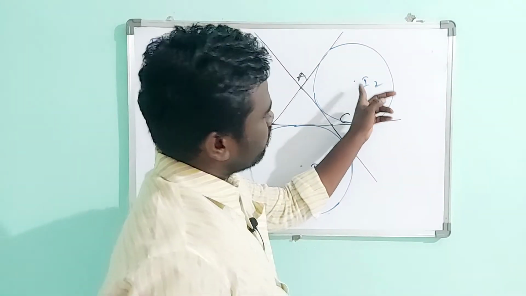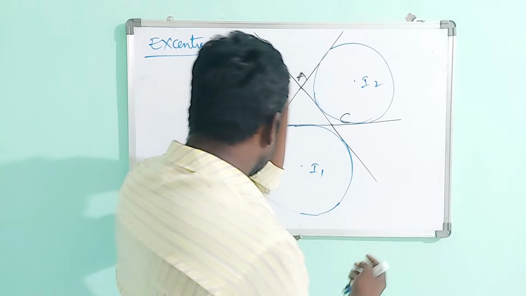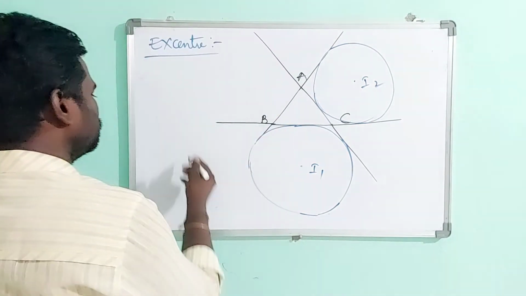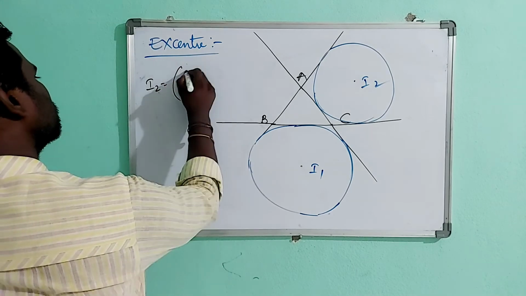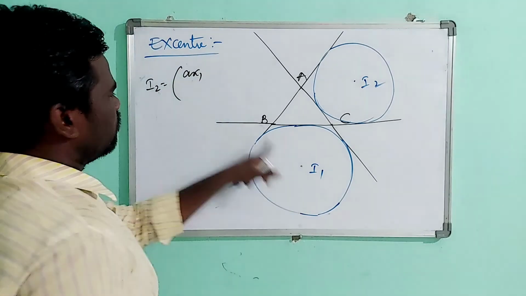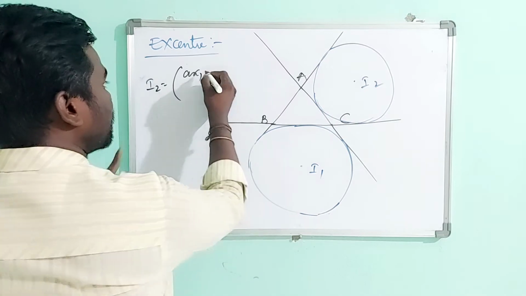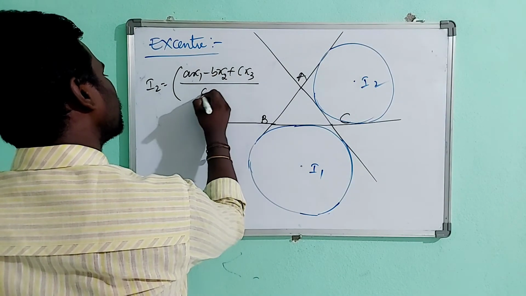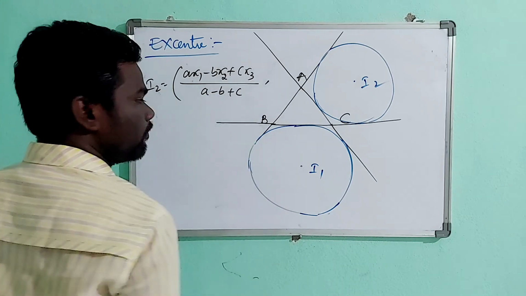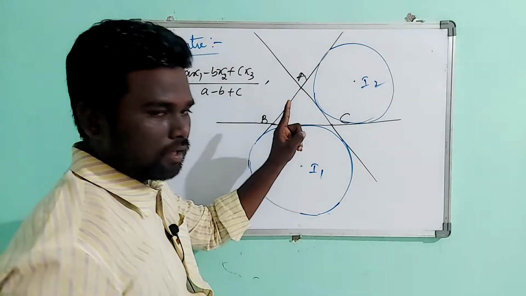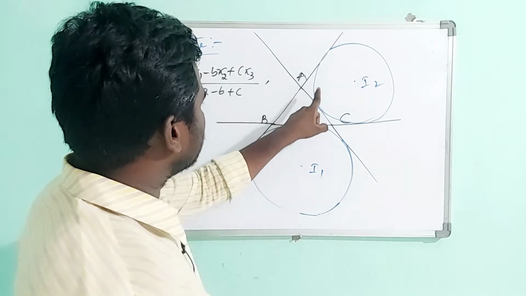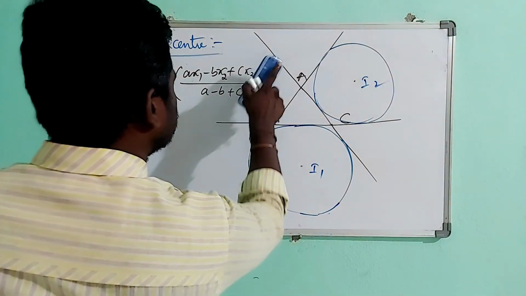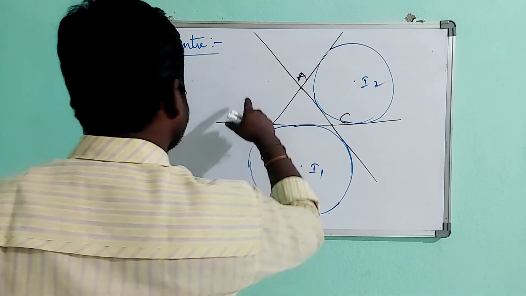So what is the formula for I2? Simple: for the first term we get minus, and the second term we get minus. So (AX1 minus BX2 plus CX3) by (A minus B plus C), comma, again (AY1 minus BY2 plus CY3) by (A minus B plus C). Now move on to the third Excentre.